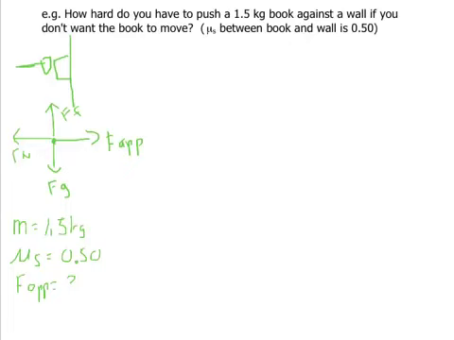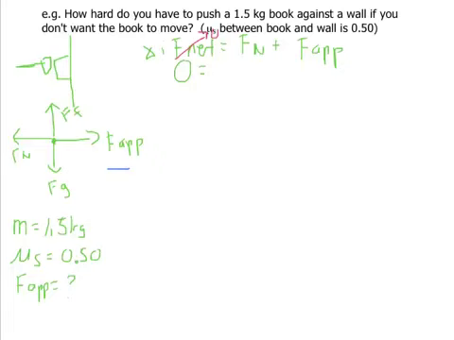Now, because F applied is in the horizontal direction, let's look at the horizontal direction first. F net equals Fn plus F applied. It's not accelerating in the horizontal direction, so that is 0 equals Fn.